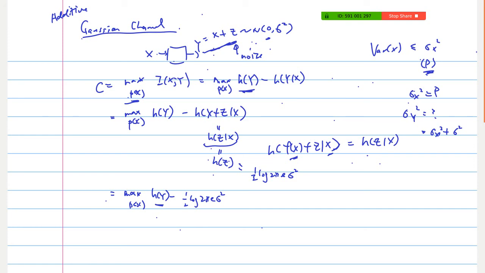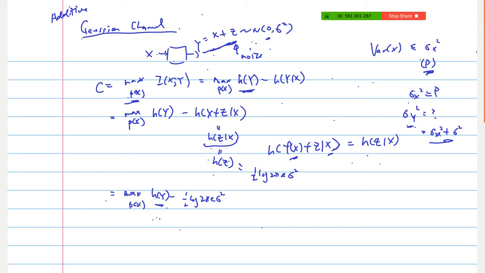So then the question is, given that sigma y squared is equal to that, remember that we have a result we described earlier on: the maximum entropy for a continuous random variable with a given fixed variance will have a Gaussian distribution, right?